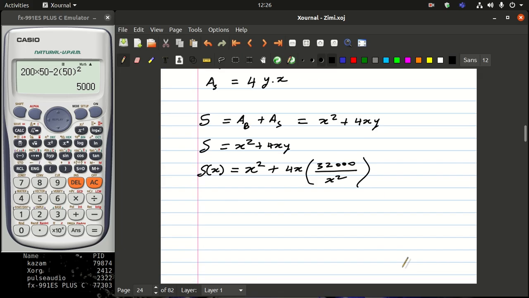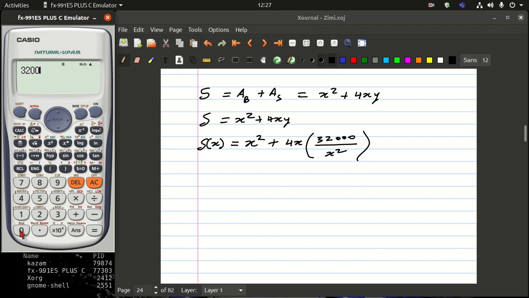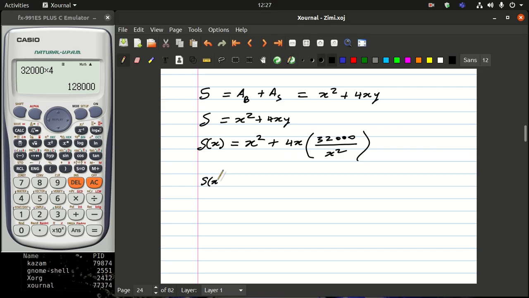And you can see that something magical is happening, because when you multiply 32,000 by 4, you will have 128,000. So this function is the same as f of x is equal to x squared plus 128,000, and this x will cancel with one of those x's, and you'll be left with one x at the bottom.